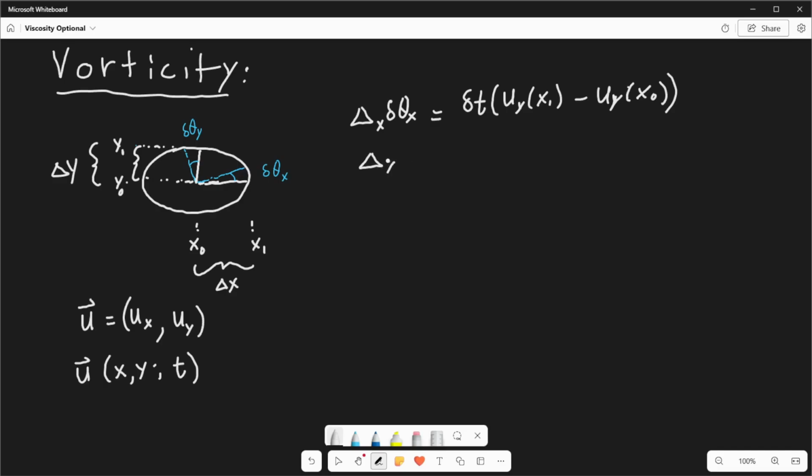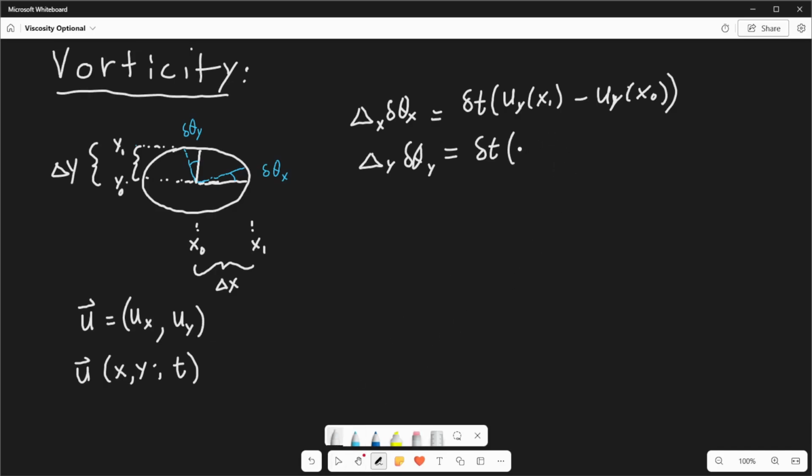This is the y term. So delta y is going to be basically the same idea, except that the signs are reversed.